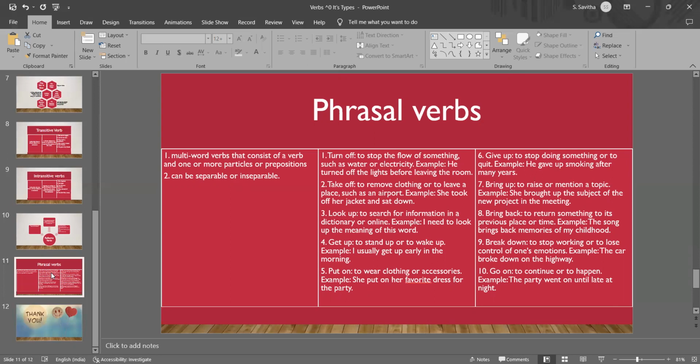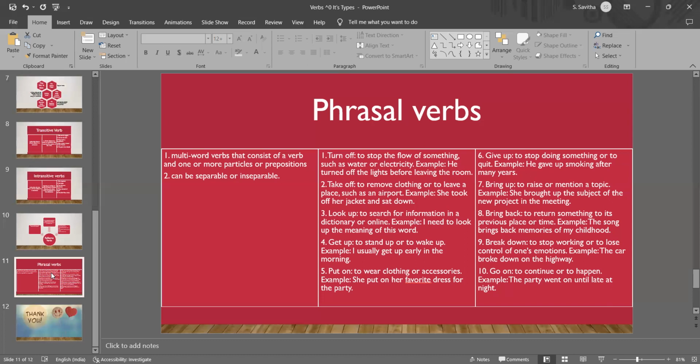You have to be very clear with that. When you go through the example, you can easily understand. Turn off. What's the meaning of turn off? To stop the flow of something. Maybe water or electricity, right? Take off means what? To remove clothing or to leave a place, such as an airport.